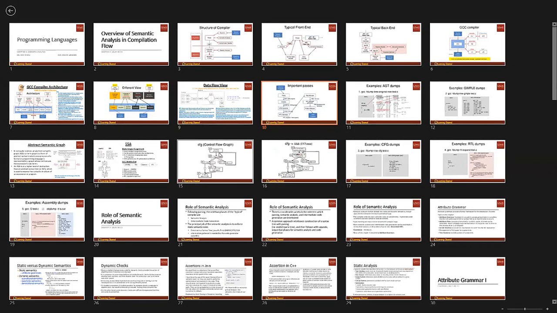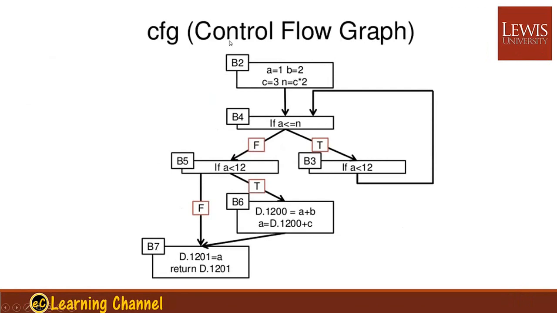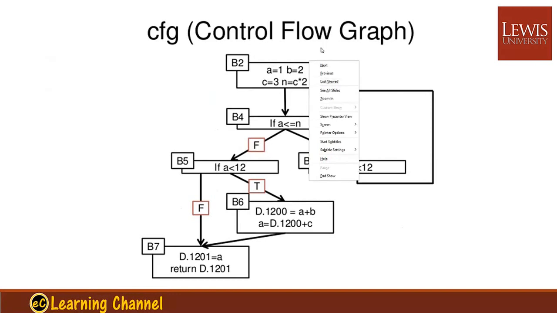It's called control flow graph. It's not context-free grammar. It is the result of using context-free grammar to generate some sort of decorated tree, but we call it control flow graph. Is that okay? Control flow graph.